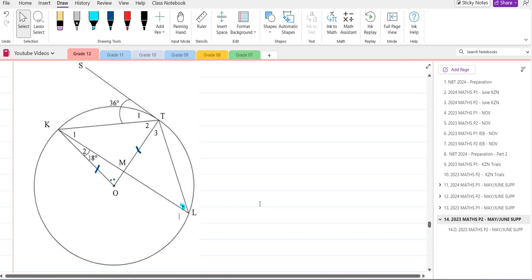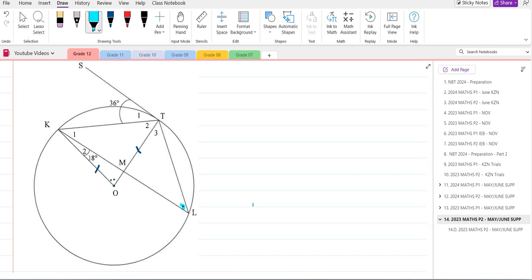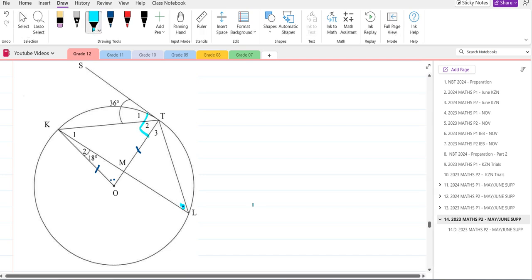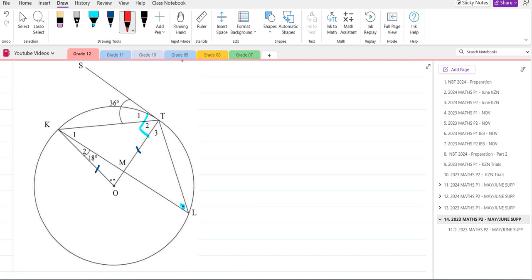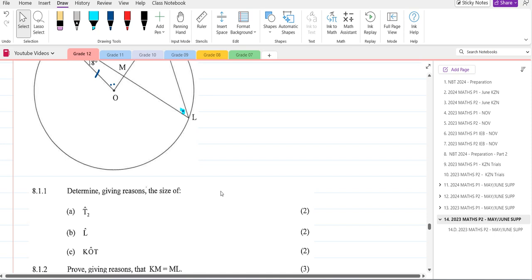What is T2? To find the size of angle T2. That is simple because remember we have radius perpendicular to tangent. Right, so if that is 90, then first we need to write what we need to write for T2, 8.1.1a.